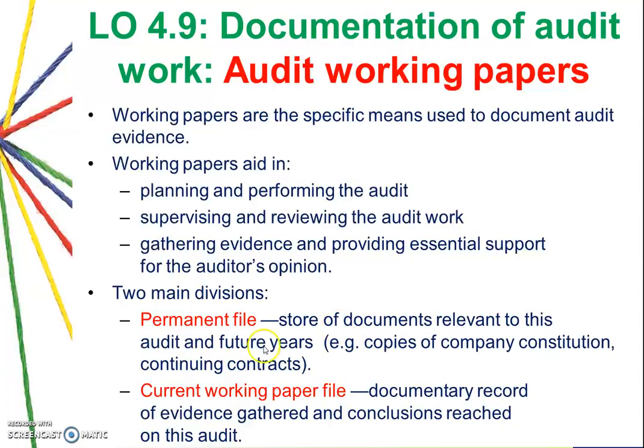A permanent file is one file for the whole history, opened from when the client was accepted, and then continuously updated year by year. The current working paper file only stores the working papers of one particular financial year.